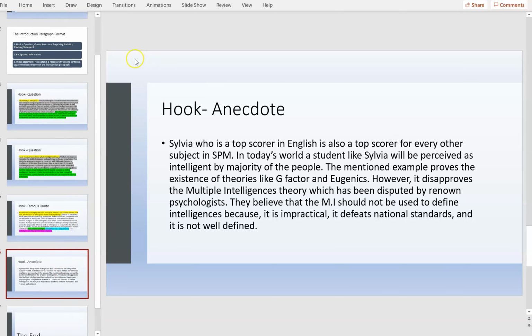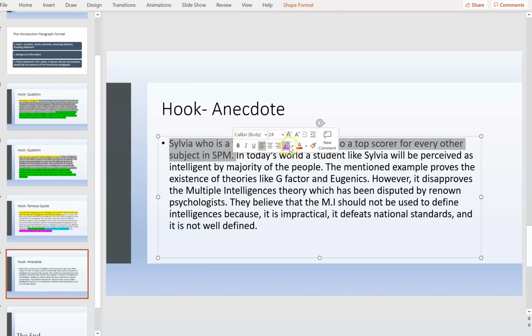And finally, we are looking at the anecdote hook. Sylvia, who is a top scorer in English, is also a top scorer for every other subject in SPM. So an anecdote must be short. It cannot be so long. It cannot be the entire paragraph, for example.